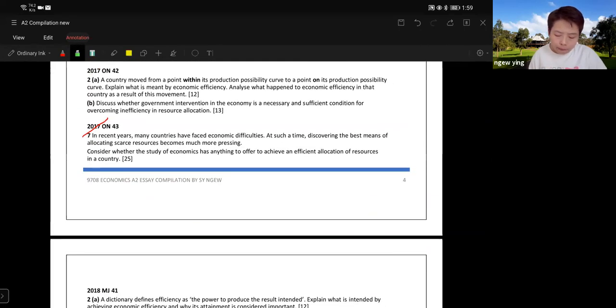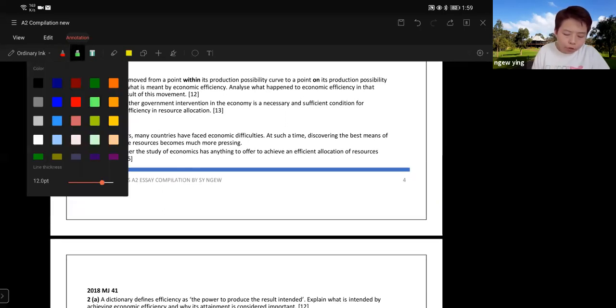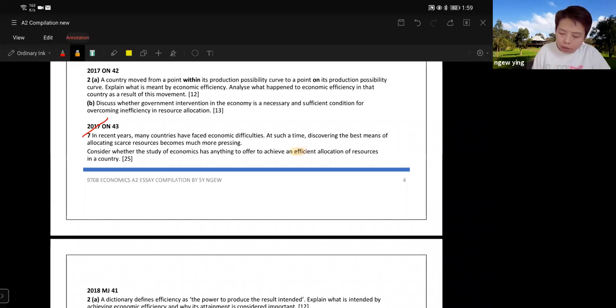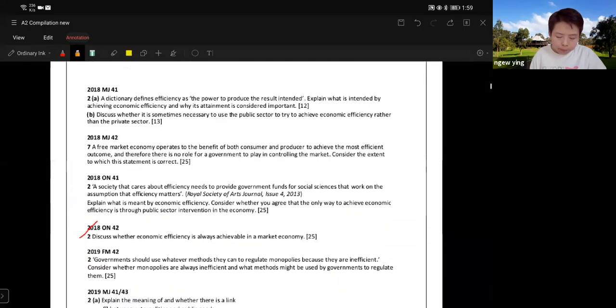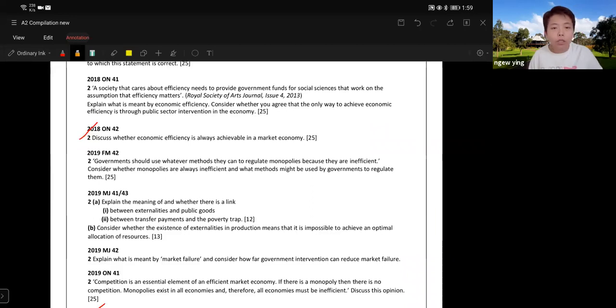Now, these essay questions again show you the first keyword, efficient allocation of resources. Then they say many economies are facing pressure and difficulty in the allocation of resources, but they didn't mention what kind of economic system, whether it is a market economy or a mixed economy. Moving on, this question is more general.